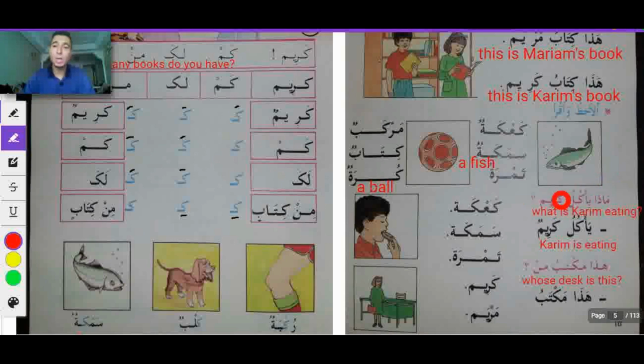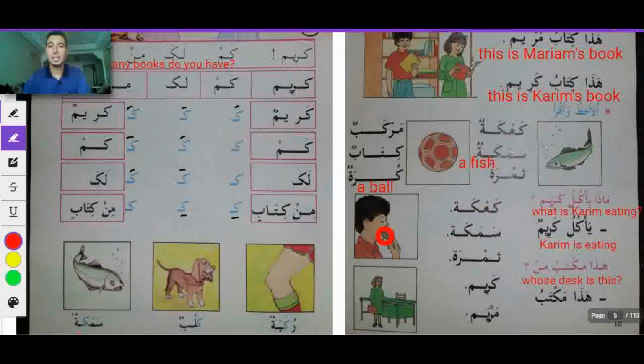When we ask about objects or animals, we say ماذا. ماذا يأكل كريم. What is Karim eating? Is he eating كعكة? You remember this tricky word كعكة, which is a cake?